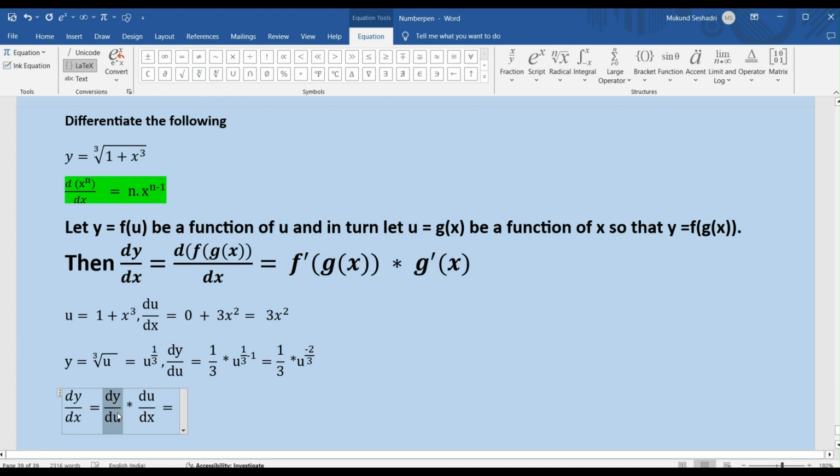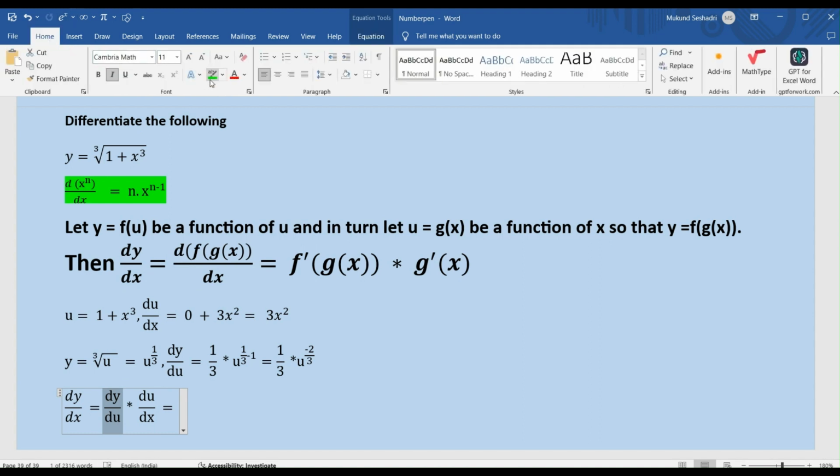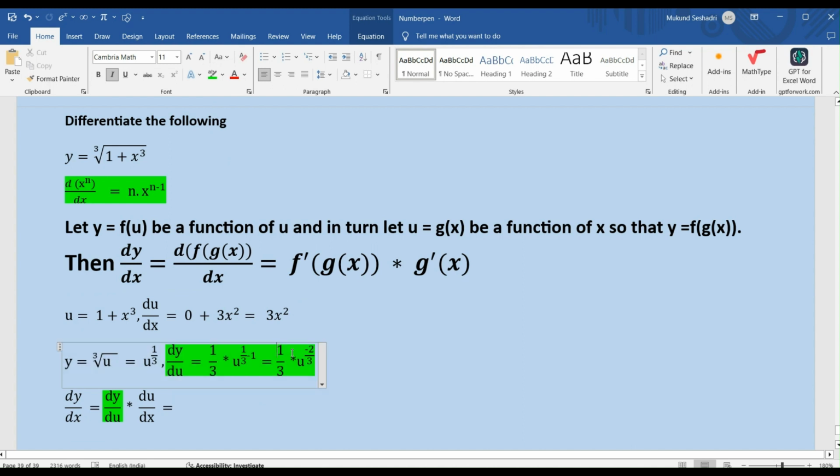Let me highlight it in the color, say green. My dy by du is what I established just now. I'm going to pick this up from what we did in our previous step. So it is 1 by 3 times u to the power minus 2 by 3. And then I have my du by dx as well, right?